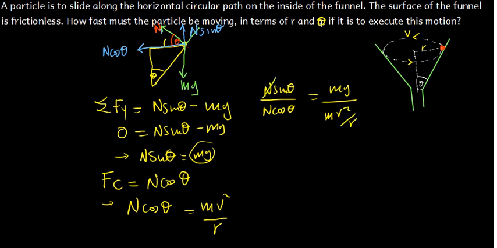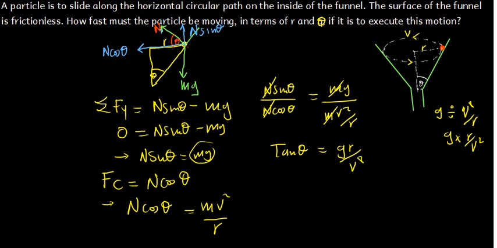The n cancels with the n, the m also cancels with the m. So what we have is sin theta over cos theta, that is tan theta, and g divided by v squared over r. So I can also write this as g times r over v squared. So this is going to be gr over v squared.